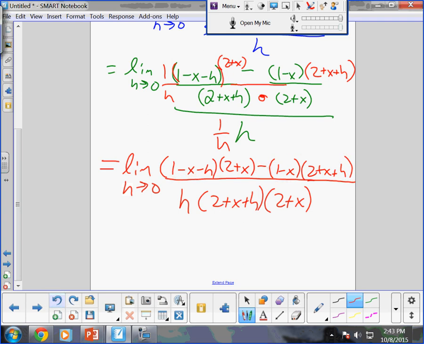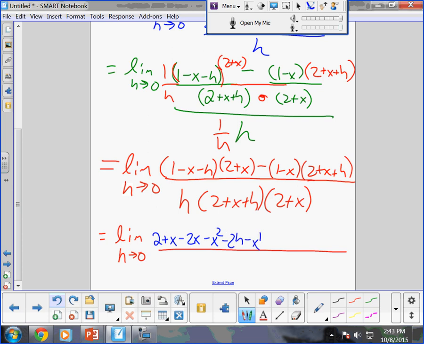All right. So I get the limit as h goes to 0. I distribute the first one, and I get 1 times 2 plus x is 2 plus x. Negative x times 2 plus x is negative 2x minus x squared. Negative h times those is negative 2h minus xh.